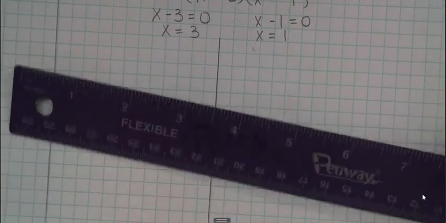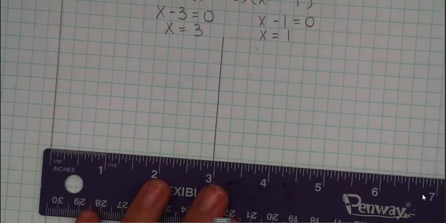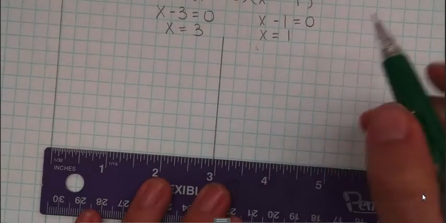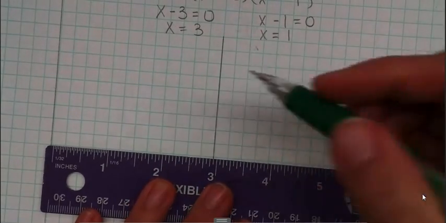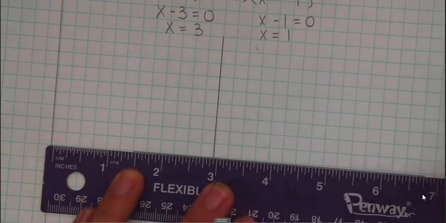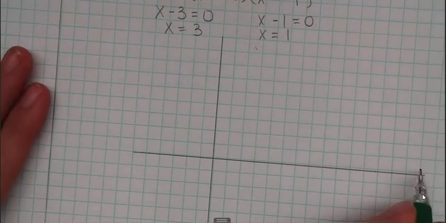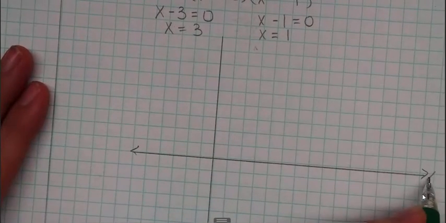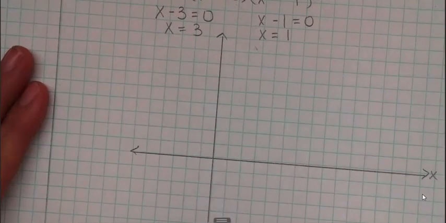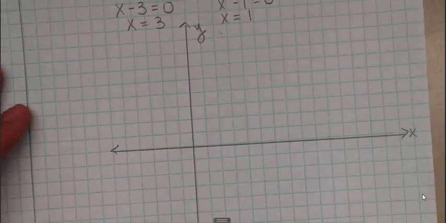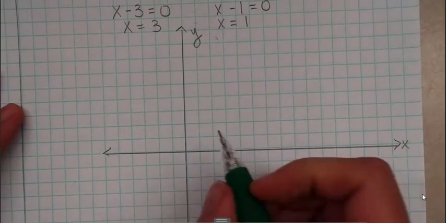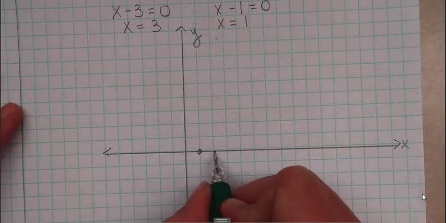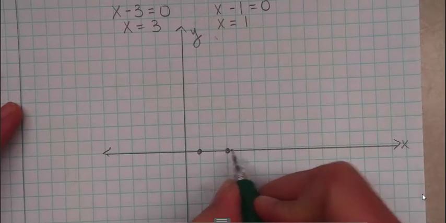Now it seems to all be in the positive direction here, right? Positive x's, so I need maybe more on the right than I do on the left. Okay, so plotting my x-intercepts, I have one at 1 and one at 3.